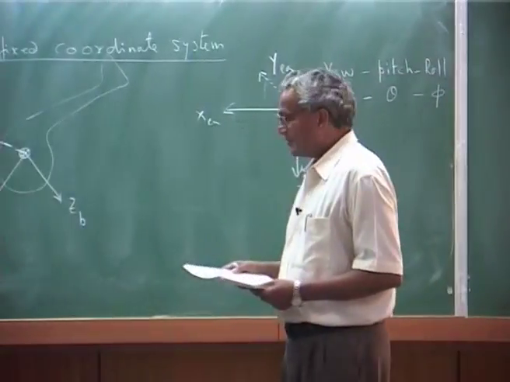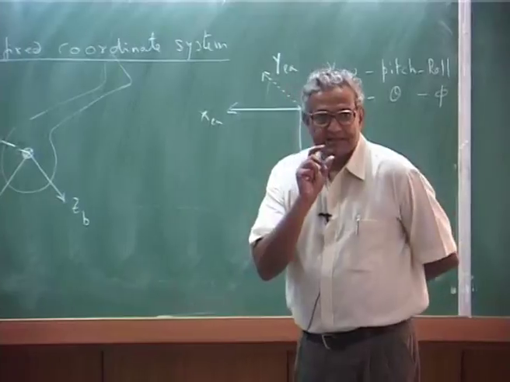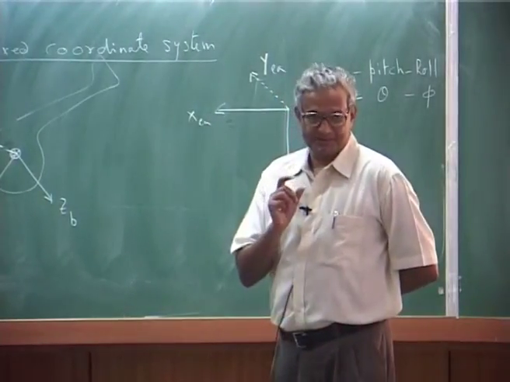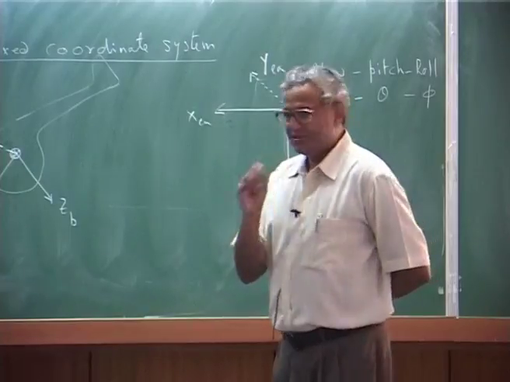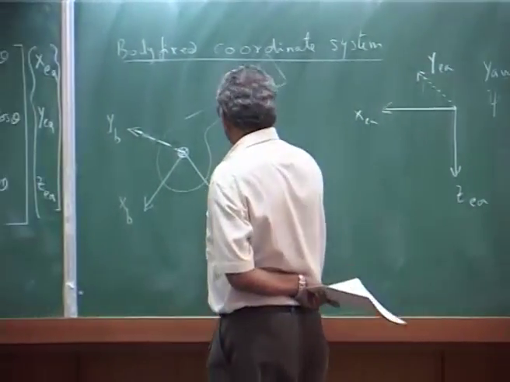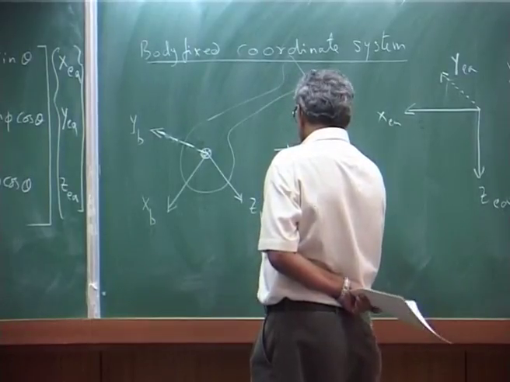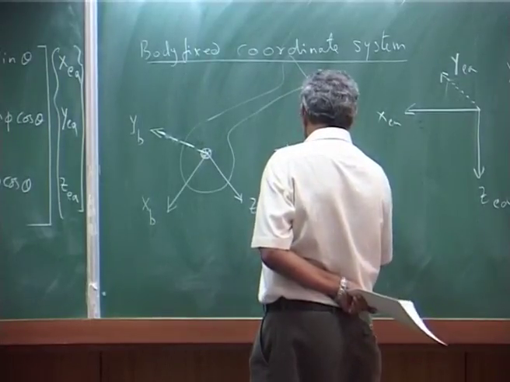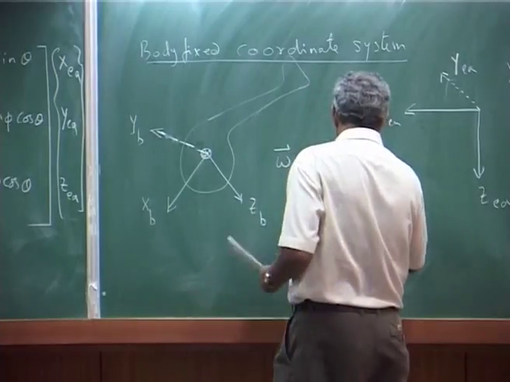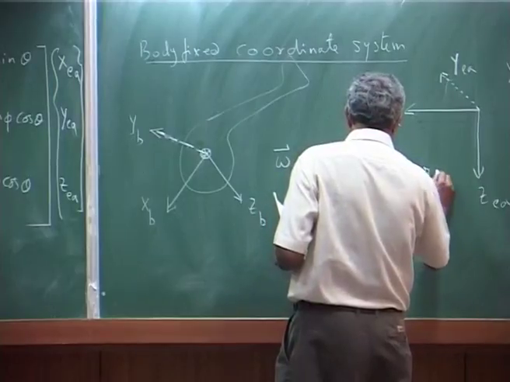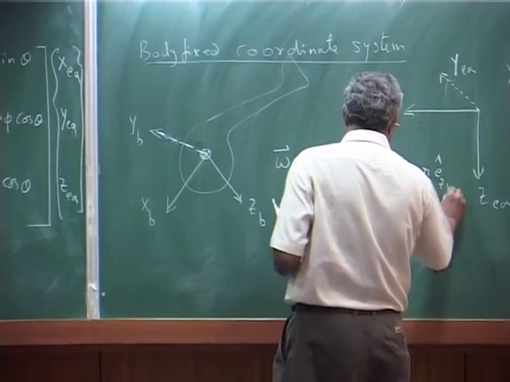Now, what is the angular velocity of the helicopter? At any instant, you define the angular velocity of the helicopter as P e x b plus Q e y b plus R e z b.